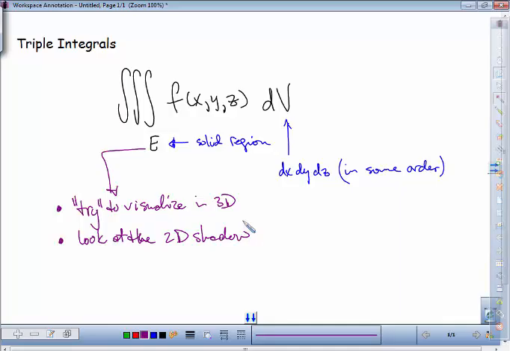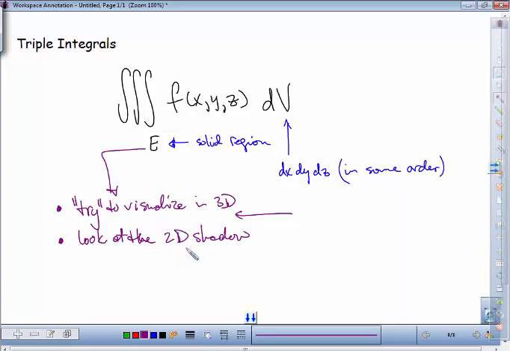And I don't want to say the shadow it's going to make on the xy plane, because the shadow may be on the yz plane instead, or the xz plane, so it may be on a different plane. But after you do this 3-dimensional analysis of some sort, your problem then becomes a double integral that you're going to look at in 2D.